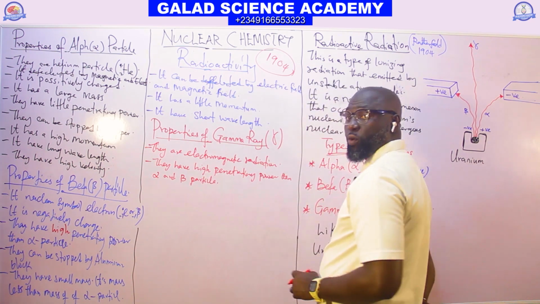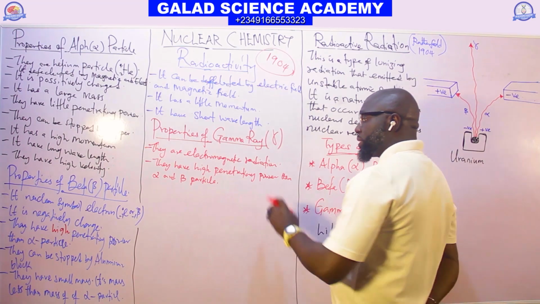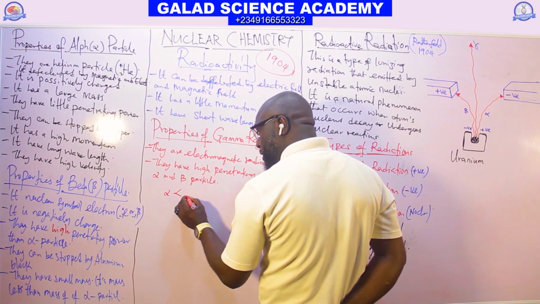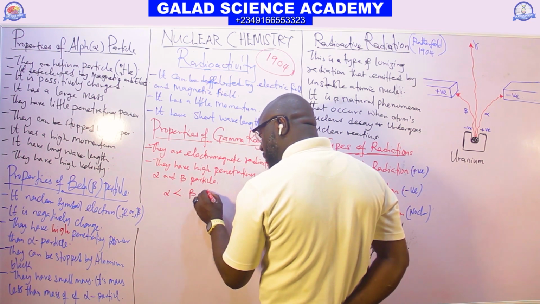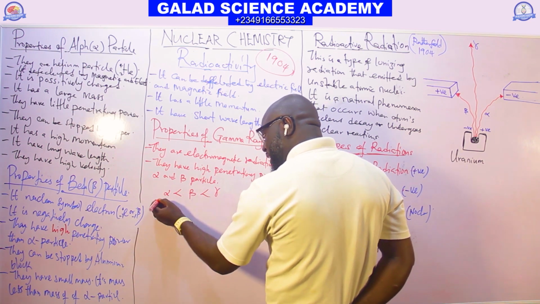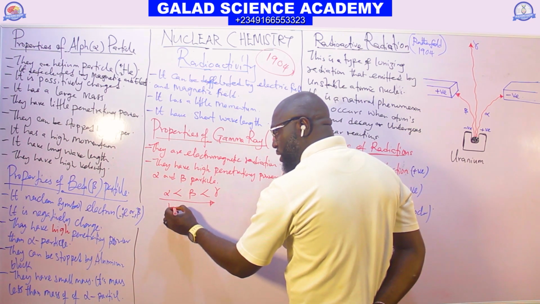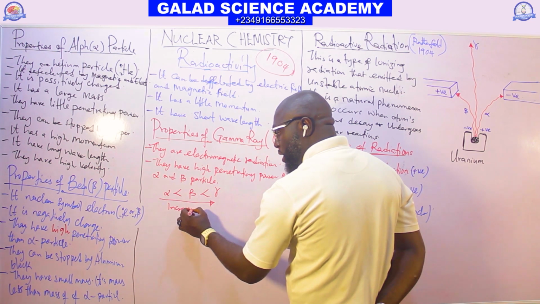So in terms of penetrating power, alpha particle is less than beta, beta is less than gamma. This is the increase in penetrating power.